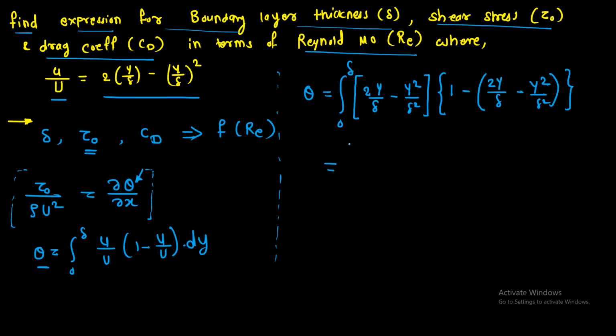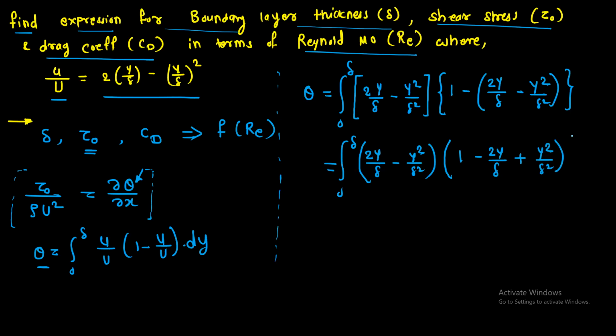So this is equal to integration 0 to delta, 2y upon delta minus y square upon delta square, into 1 minus 2y upon delta plus y square upon delta square, into dy.